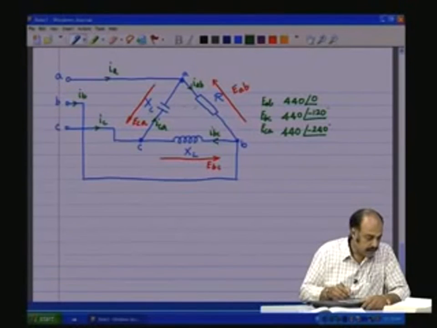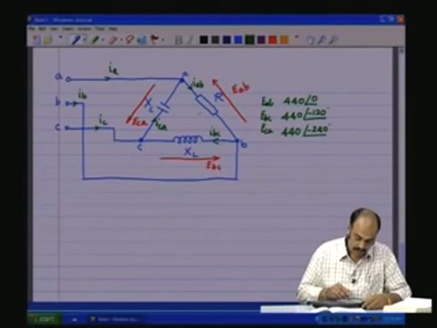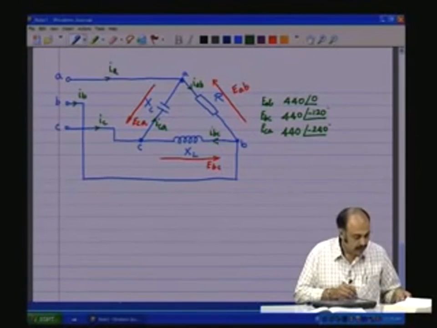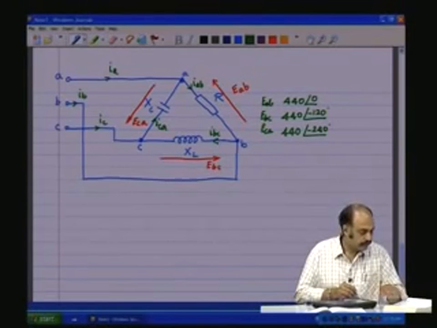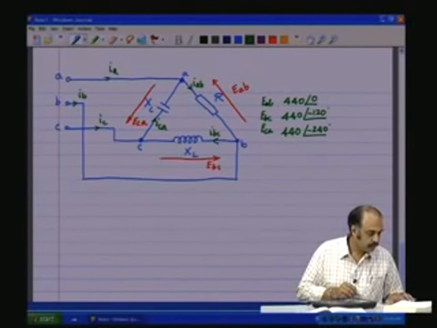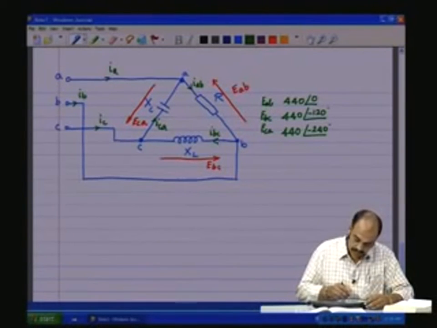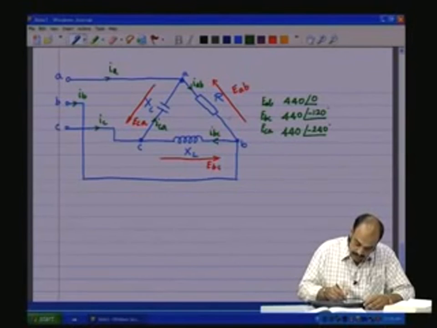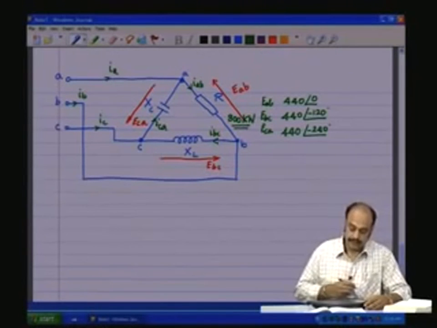And the values of the resistance can be calculated. Let us say we have a system which is being supplied by this, and the single phase load that gets connected between them is an 800 kilowatt load, let us say.